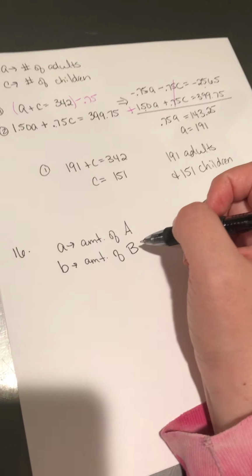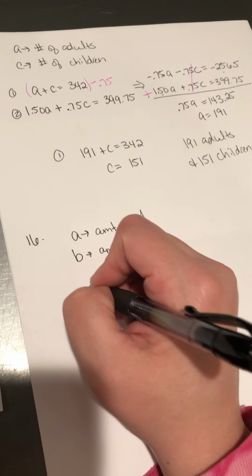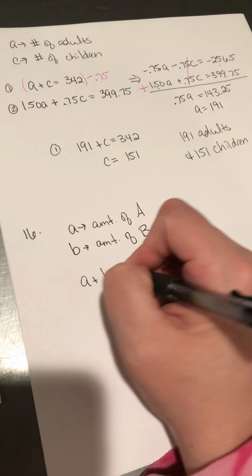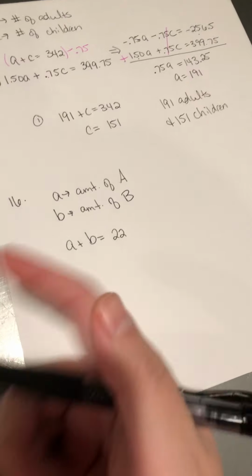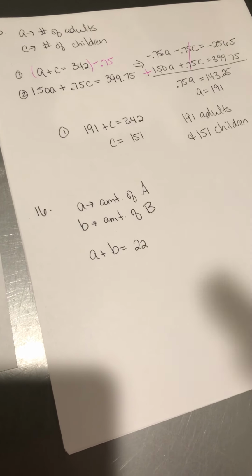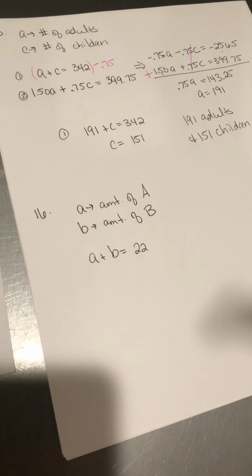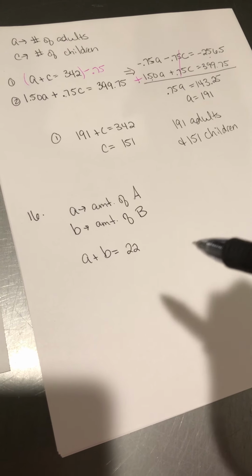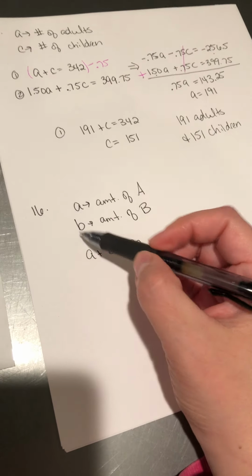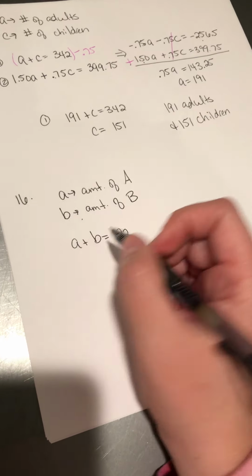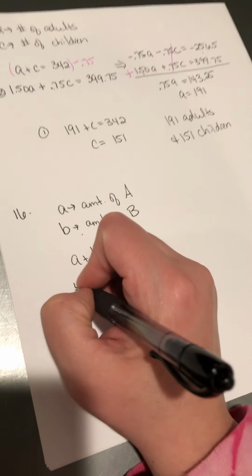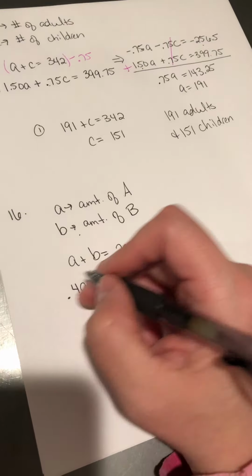So the easiest one to come up with is that if I add the two amounts together, that has to give me my total amount, which is 22 milliliters. The next one talks about percentages, right? I want my 22 milliliters to be 38% acid. My A is 40% acid and my B is 30% acid. So if I have 0.4A, that's 40% acid.